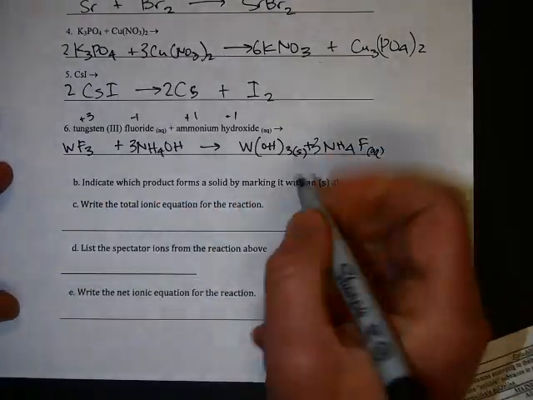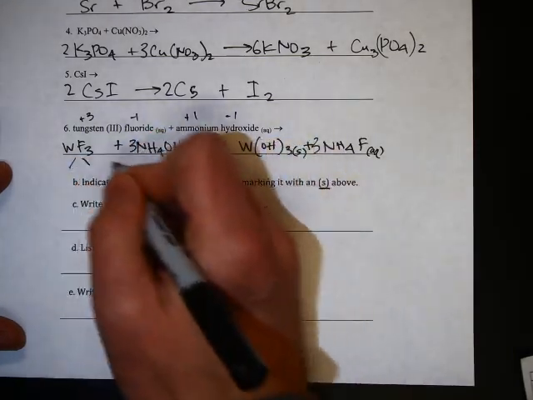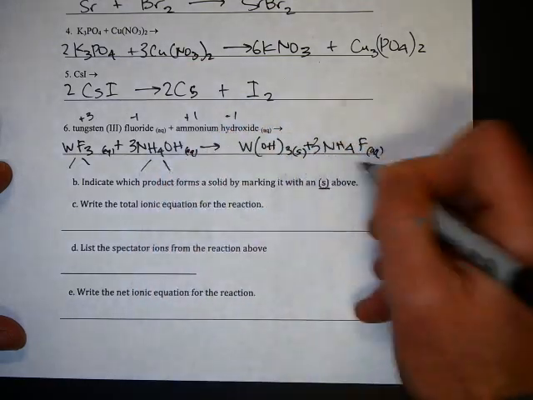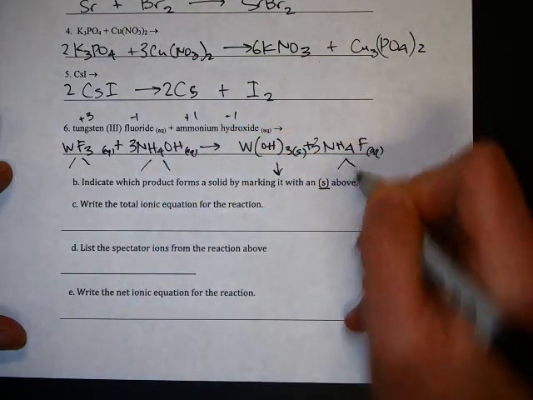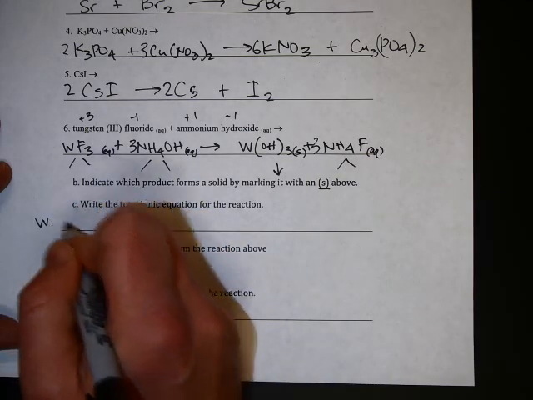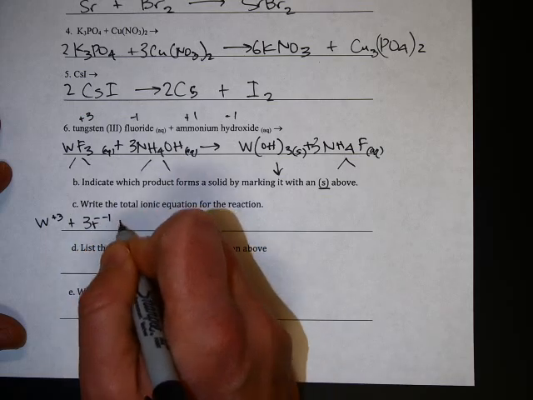Okay? So I did mark the solid with an s. If I want to write the total ionic equation, I break everything up. That's aq. So this is aq, this is aq here. Break it up, keep that together, and then break this one up as well. So to do that, I'll have 1 tungsten, which is +3, and 3 fluorines, which are -1.